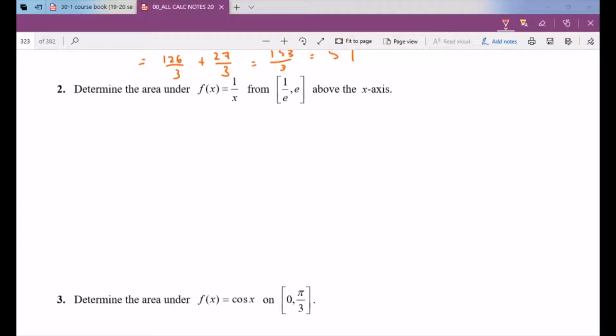Question number 2. Determine the area under f of x going from 1 over e to e, sorry. So this ends up being the integral, lower bound is 1 over e, the upper bound is e, function is 1 over x.